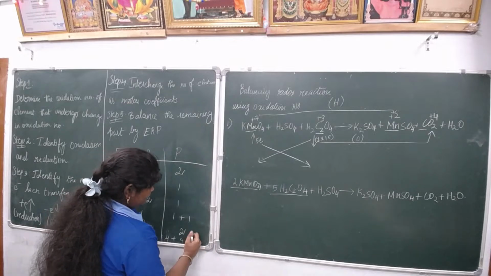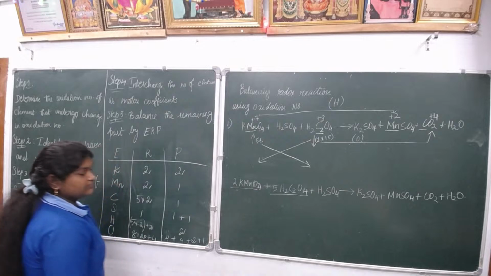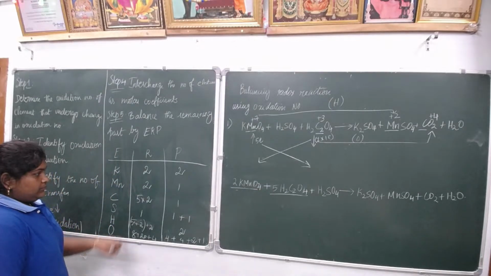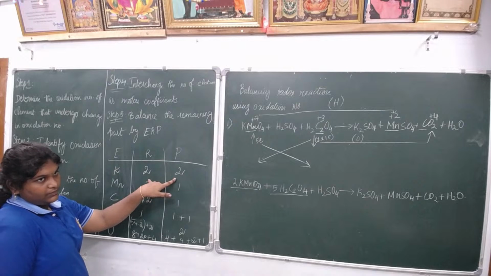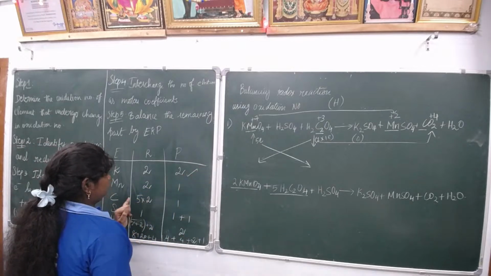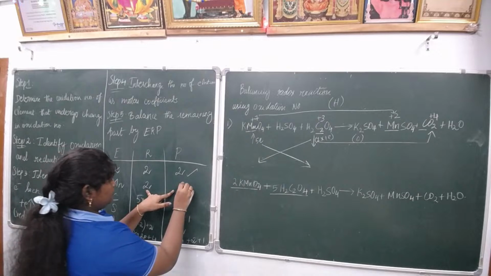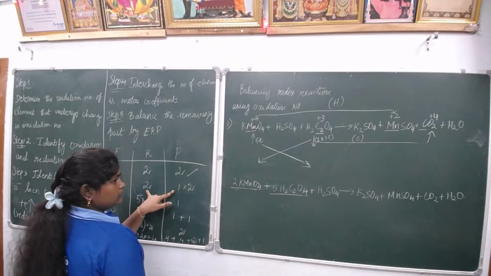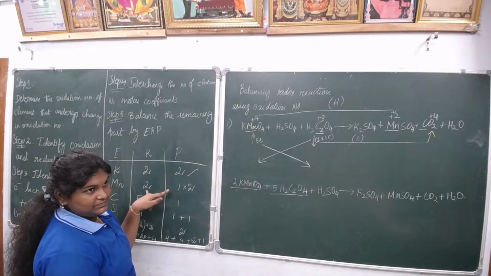So likewise, you had to split it. Now let us proceed. There are 2 potassium on the reactant side, 2 potassium on the product side. Tick. That is balanced. And what about manganese? This is 2, this is 1. So multiply this by 2. Now you do one thing. When you multiply here, go straight yourself.